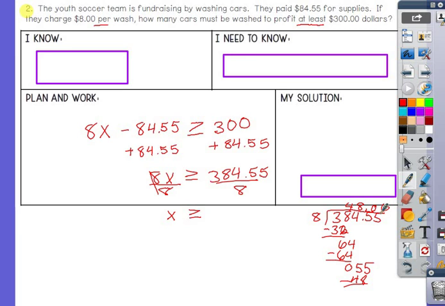The people aren't going to let me just wash their windshield and be done with it. They want me to wash their whole car. So how many cars at minimum can I wash? 49. Or I could wash more than 49 and have enough profit made.